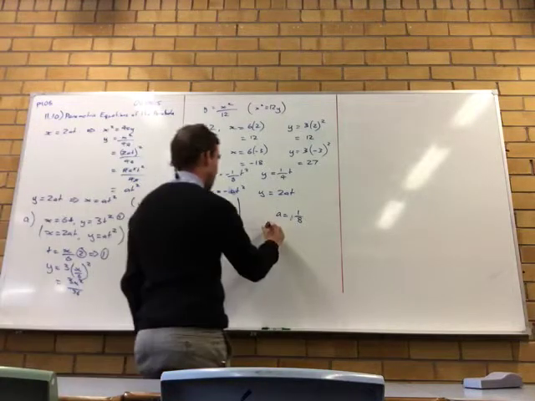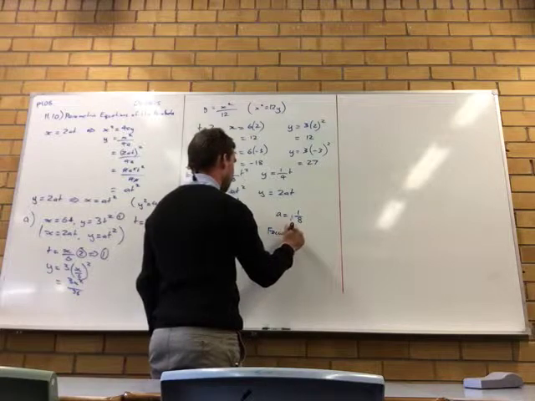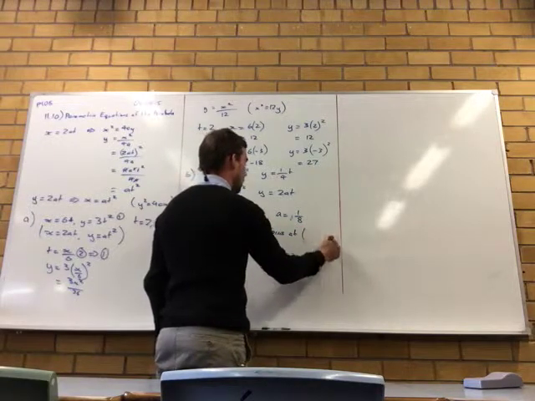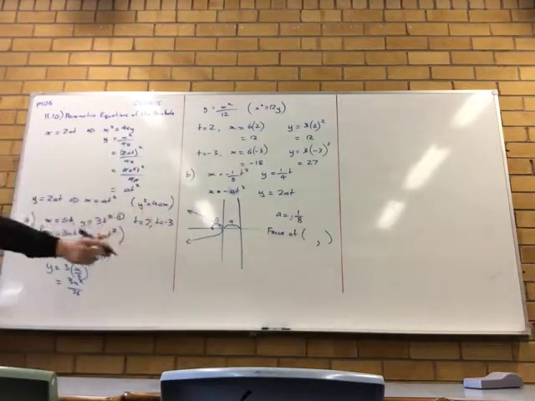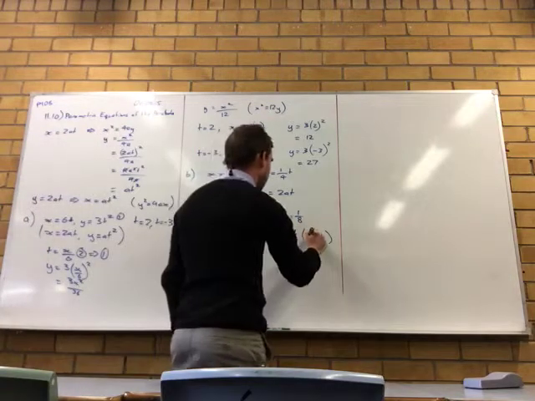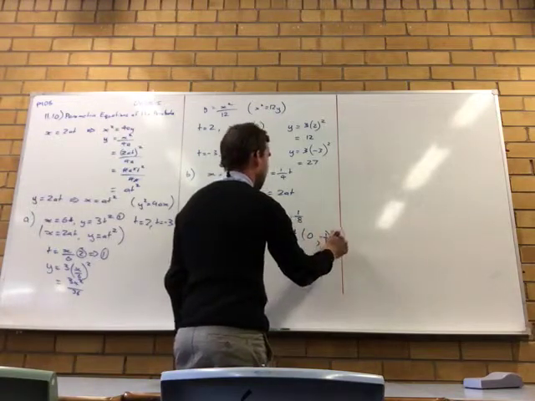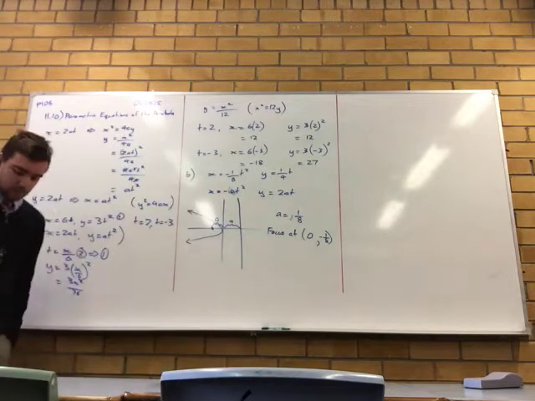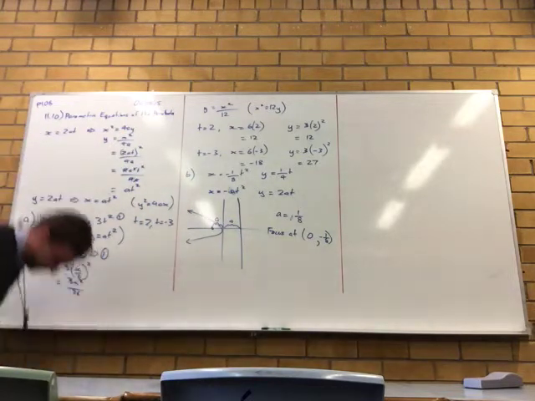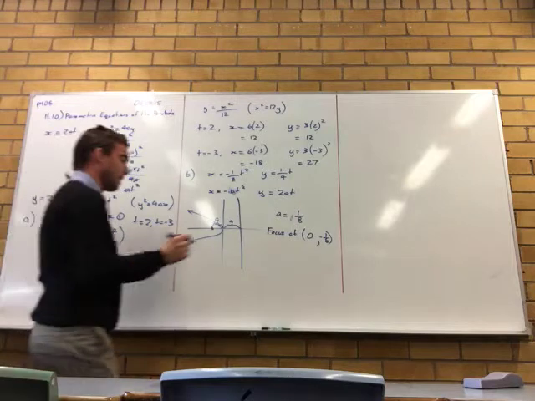Alright, so to focus, what's the coordinates of the focus? Good. And that's why you need to know the orientation of your parabola, so you've got these things in the correct location. And directrix.